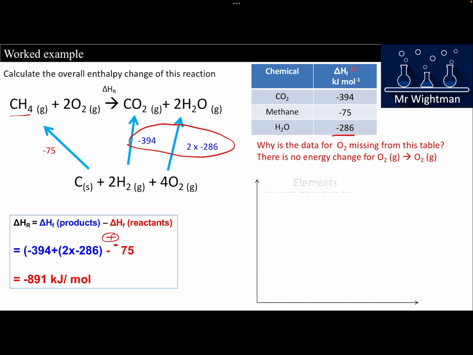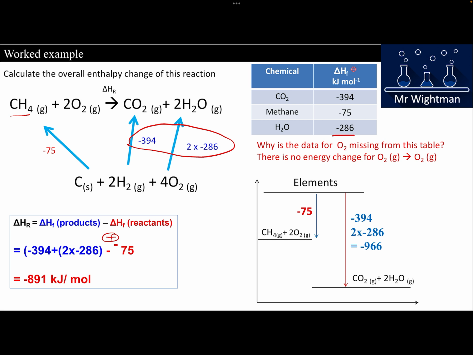And in an energy diagram, what this is saying is our elements fell by minus 966 total to form our products, and our elements fell by minus 75, so from the same energy point, to form our reactant of methane. Oxygen would have been the same, because as an element in its standard state it would have been the same thing.